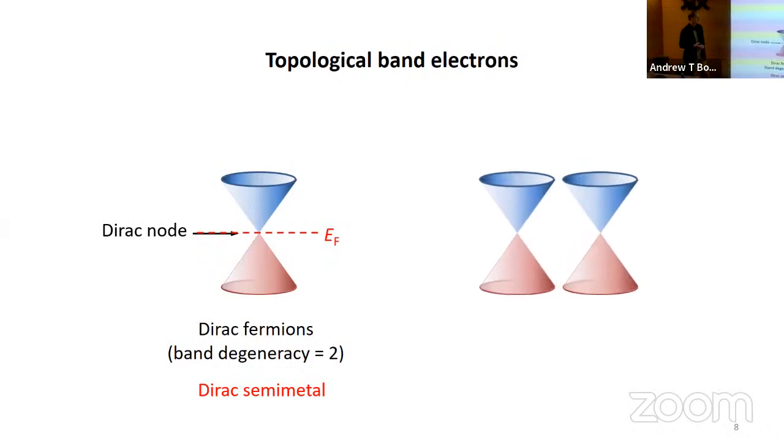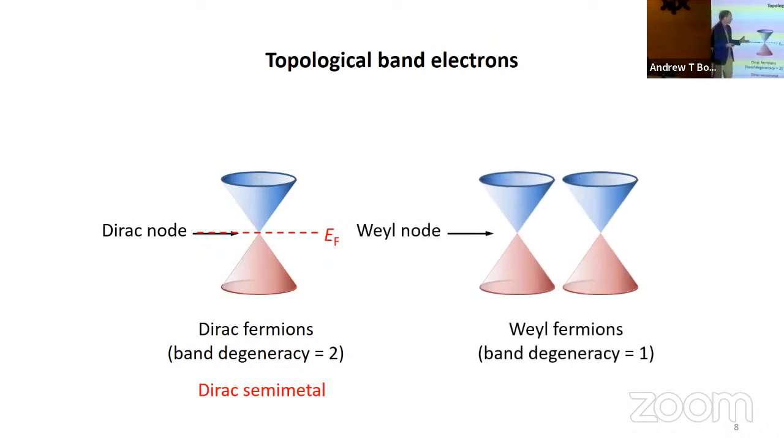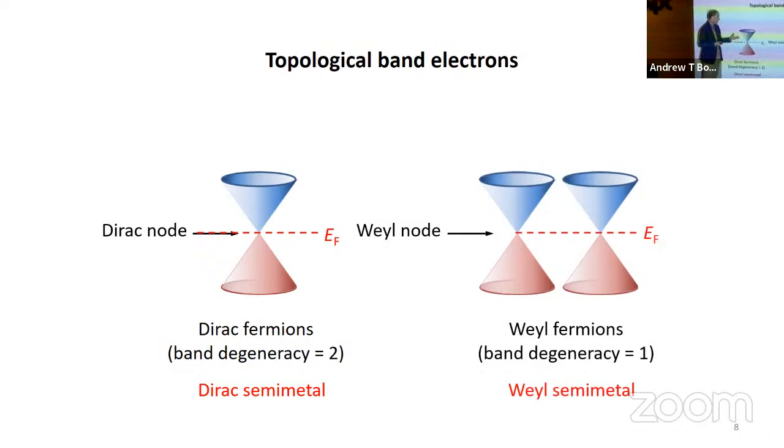It's also possible, if you break spatial inversion symmetry and/or time reversal symmetry, that you can split the degeneracy of these bands into two, so that you end up with two Dirac cones, which correspond to the crossing of singly degenerate bands. The electrons in this type of structure are described by another version of the Dirac equation called the Weyl equation.